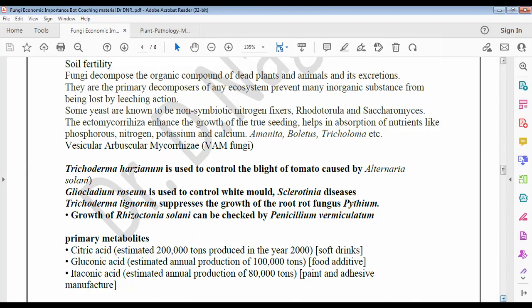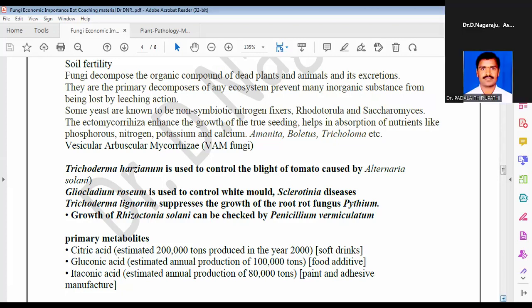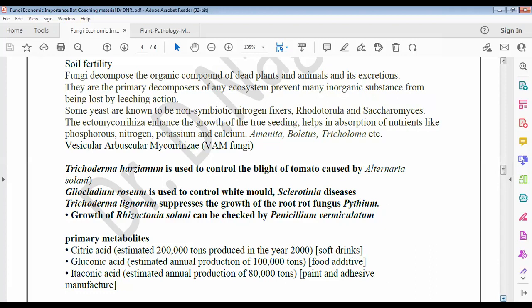Organic, natural, what our olden days people, grandparents, used. That technique is nowadays an advanced technique, without using chemical pesticides and fertilizers, by using natural resources, by using natural decomposers.